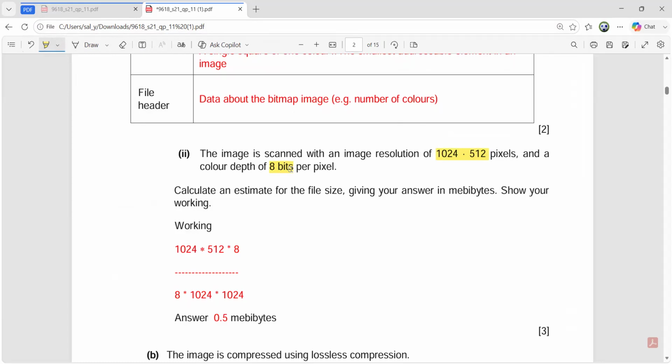The formula is the resolution multiplied by color depth. So this is the working area. And since the resolution is 1024 by 512, that is going to come in the numerator, multiplied by 8 because of 8 bits. And since it is 8 bits, and my answer is needed in megabytes, you have to do the division, or in the denominator, the first value that you will write is 8 to convert it from bits to bytes.